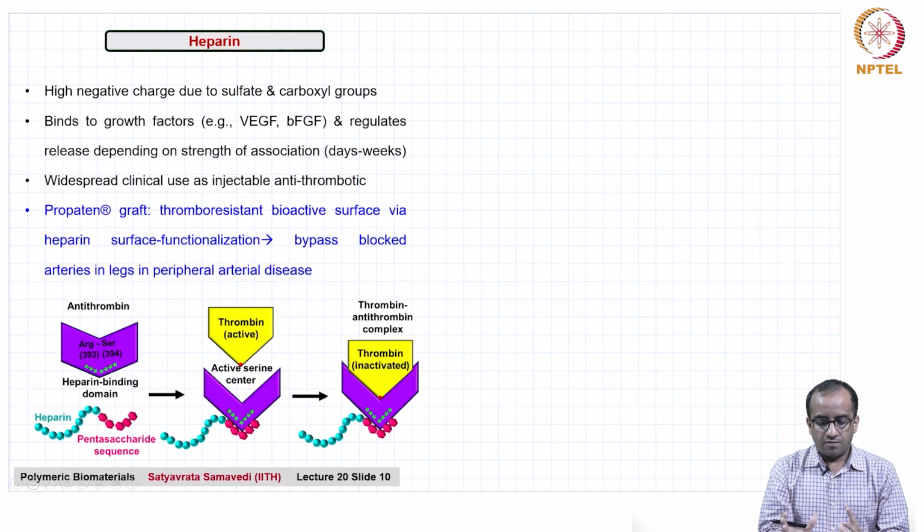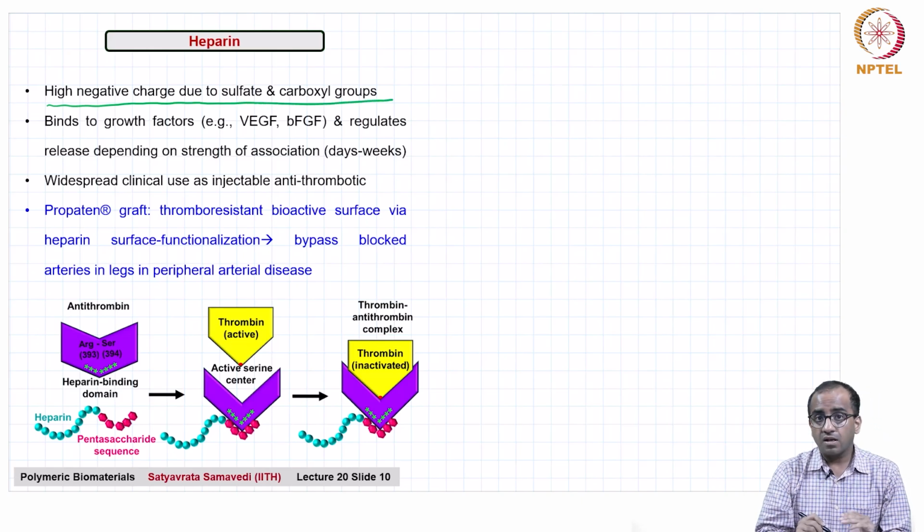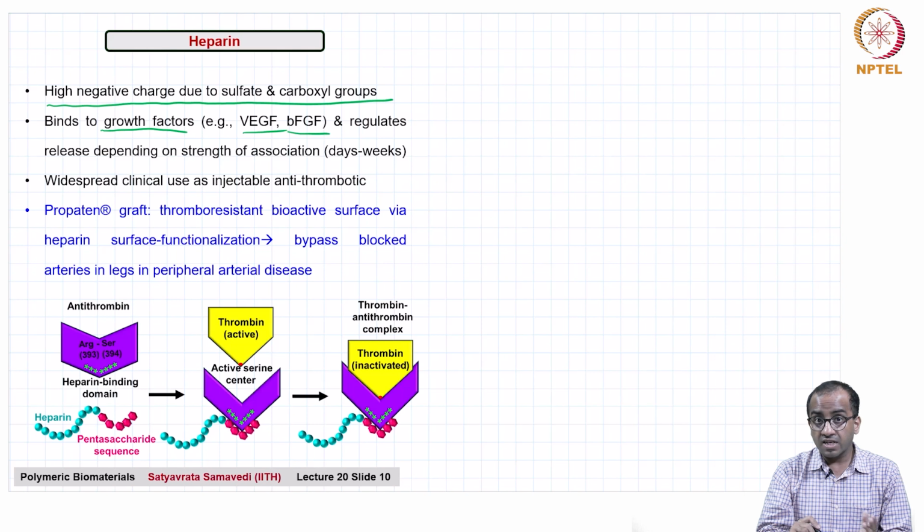Heparin, which is related, as an example, also has very high negative charge due to sulfate and carboxyl groups. As we have seen for proteoglycans, especially the GAGs, these can bind growth factors such as VEGF and fibroblast growth factor and can regulate their release within the ECM, or extracellular matrix, depending on the strength of the association.